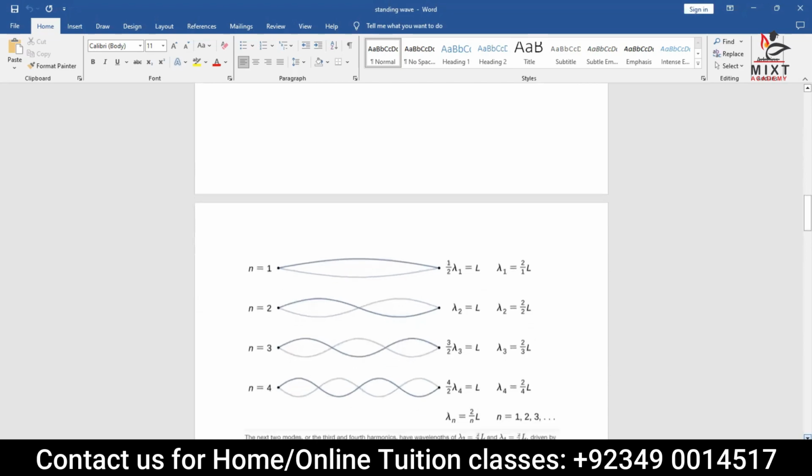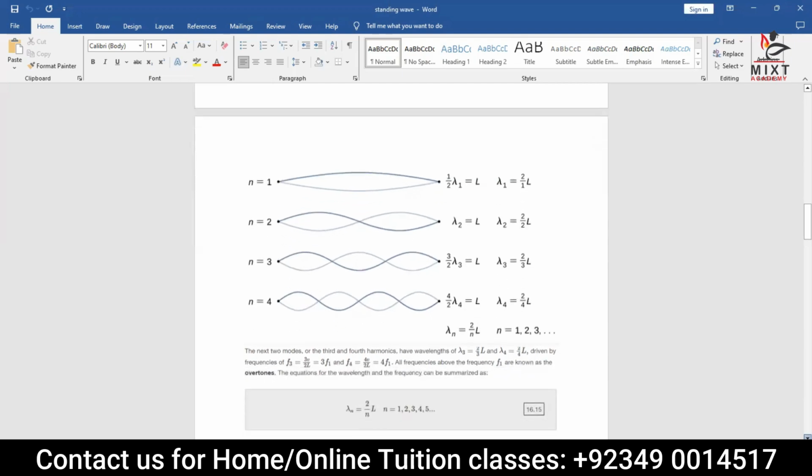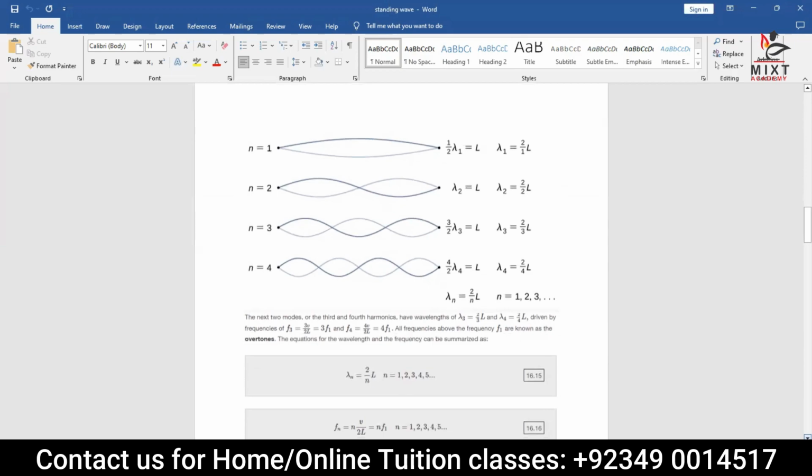In the same way, in the generalized formula, lambda n will be equal to 2L upon n, where n is equal to 1, 2, 3, 4, 5, 6. Now, another very important thing: for Fn we have nV upon 2L. At this point, I want to say another thing which is very, very important. There is another formula.